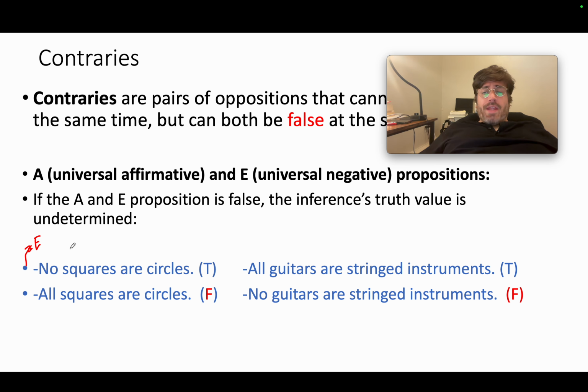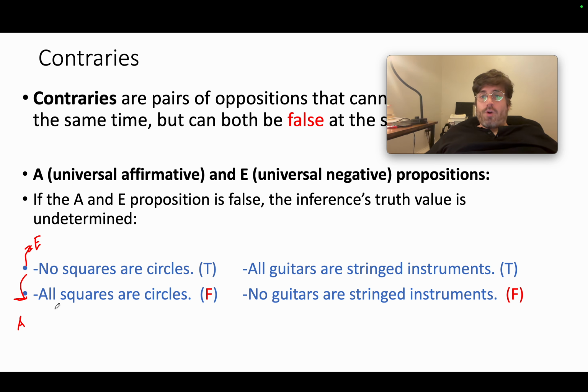This is a universal negative, and the E proposition's contrary is an A proposition. So the E's contrary becomes all squares are circles, right? This sentence is the transformed universal affirmative version of no squares are circles.